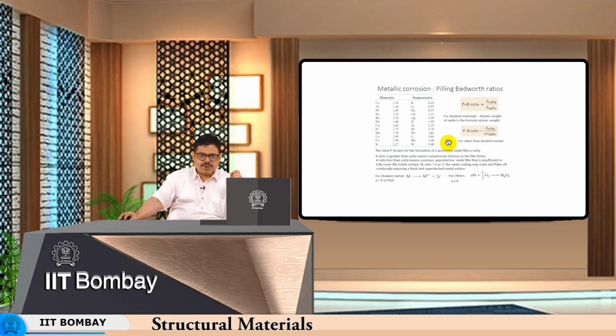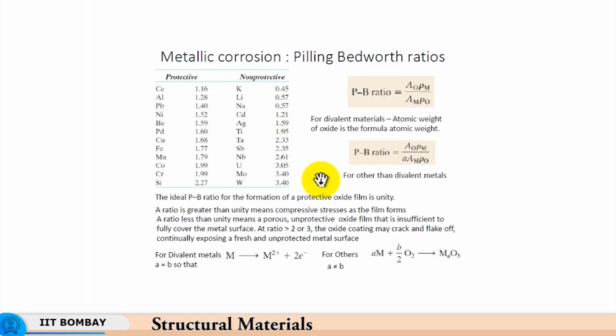So, rho O is the density of oxide, rho m is the density of metal, and A O is the atomic weight of the oxide, based on the formula atomic weight. For example, if I take FeO, I have one atom of iron, one atom of oxygen. So, I add the two atomic weights together and I get the atomic weight of FeO.